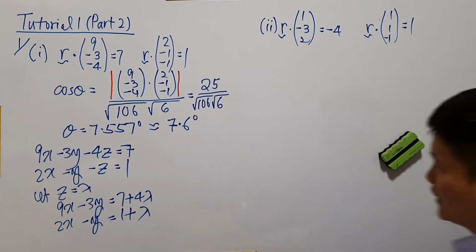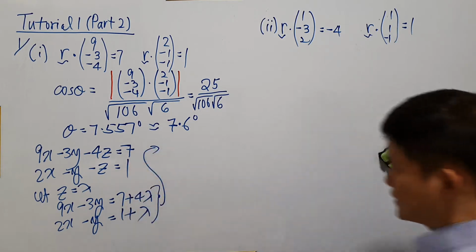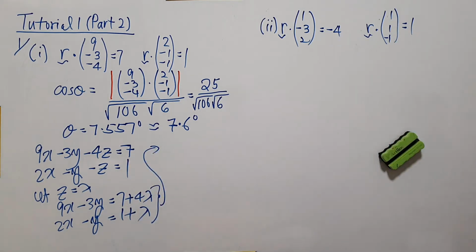So now solving these 2 equations, let's see again. To solve these 2 equations, times 3, I get 6x minus 3y equals 3 plus 3 lambda.